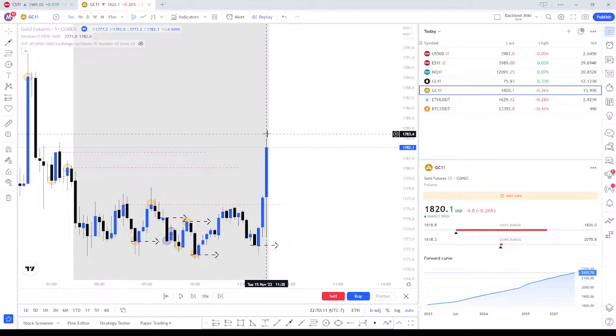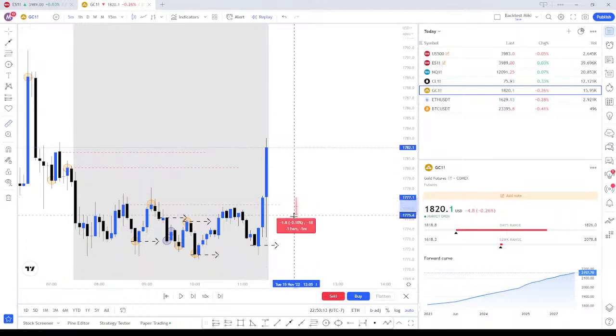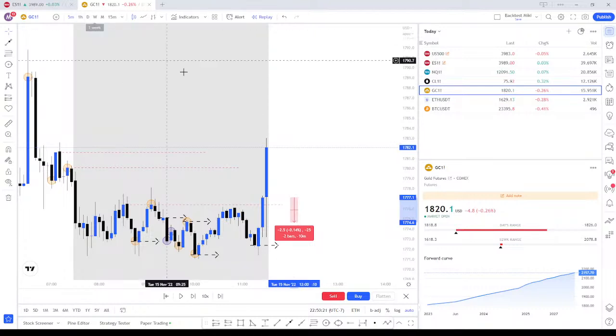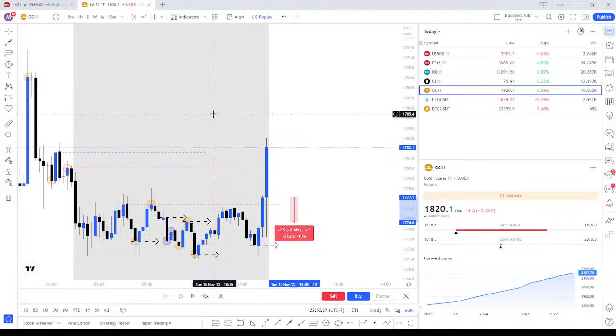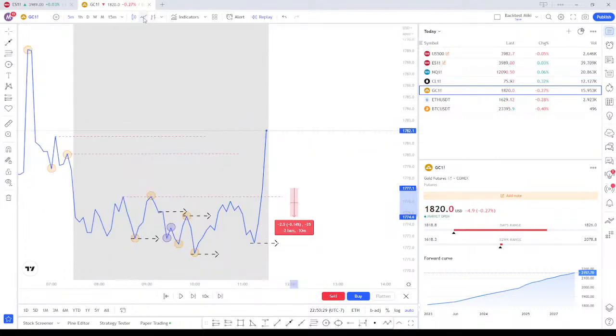Oh, that would be so sad. We would have been stopped right here before it. All right, anyways, so we are now retesting this point here.